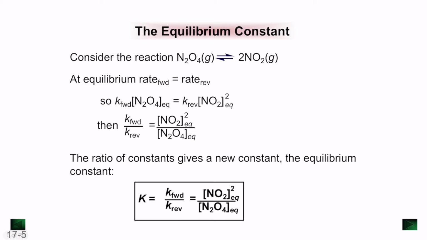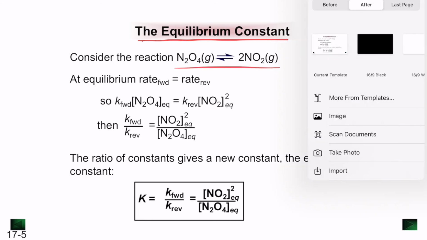So now let's come to the concept of equilibrium constant. What is an equilibrium constant? We discussed the reaction N2O4 giving 2NO2.